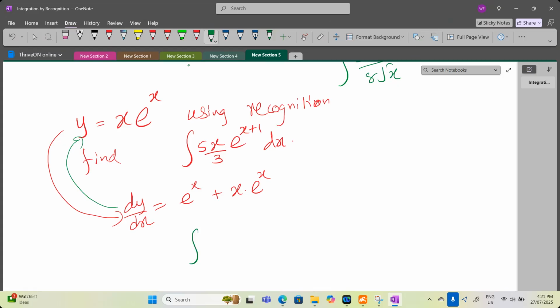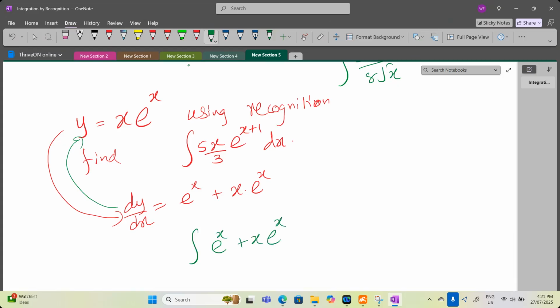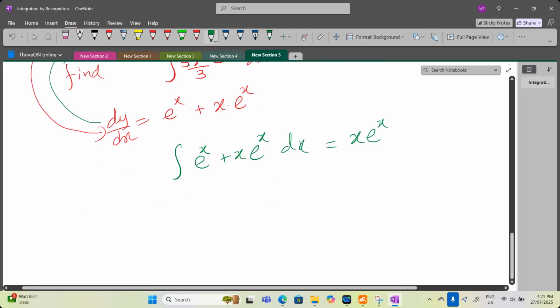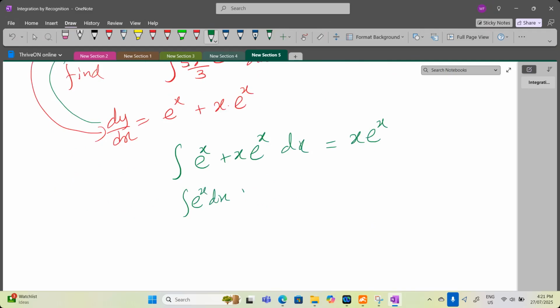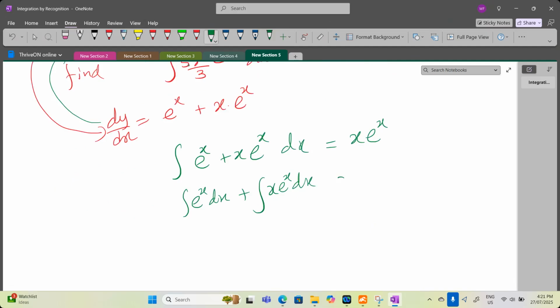So I can write the antiderivative of e to the power x plus x e to the x dx is x e to the x. Or you can split it into two integrals: e to the x dx plus x e to the x dx is x e to the x.